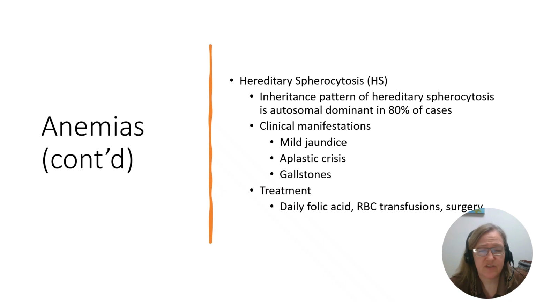Aplastic crisis just means that there is a change in the shape of the cells, the red blood cells, and there are gallstones with this. So there is surgical intervention done to treat the gallstones often. They treat with weekly or daily red blood cell transfusions as is practical, and then daily folic acid.